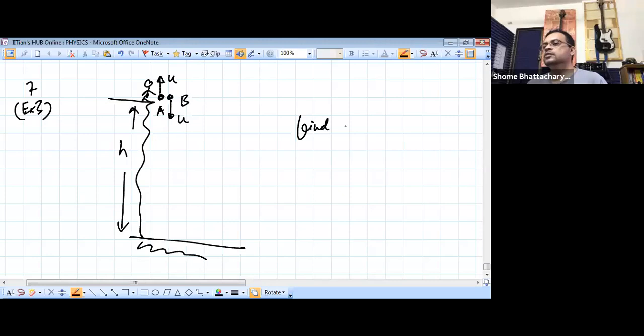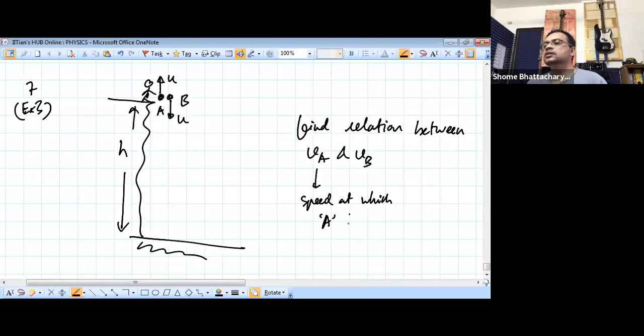So we have to find the relation between VA and VB. VA is the speed at which A hits the floor, and VB is the speed at which B hits the floor.